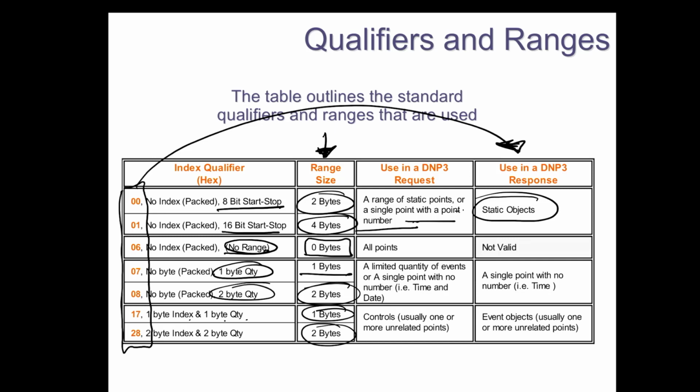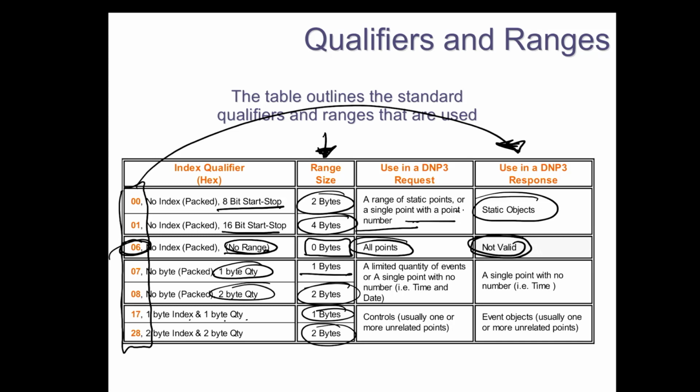Here's a perfect example. When you're looking for all points from a specific class or a specific object, you can request it as a 06 qualifier and you're looking for all points. But notice how in a response, this qualifier would never show up, because you're not going to say this is all points.